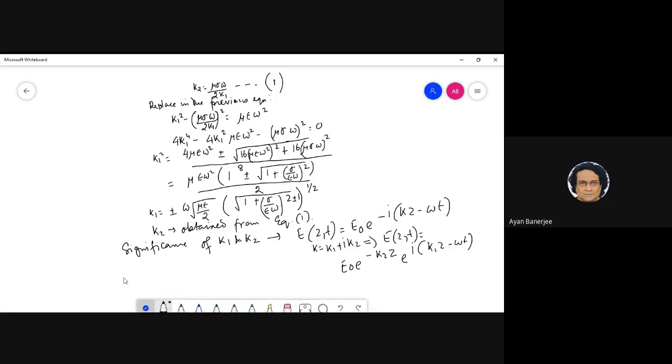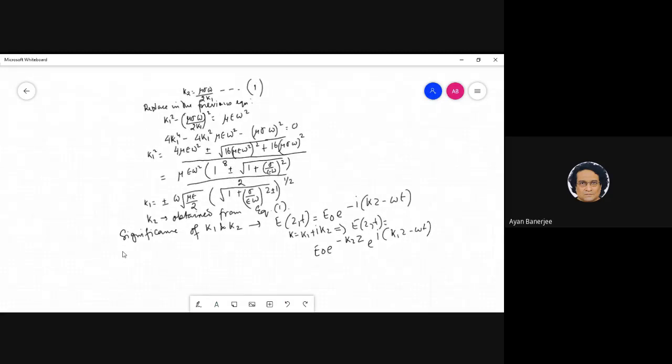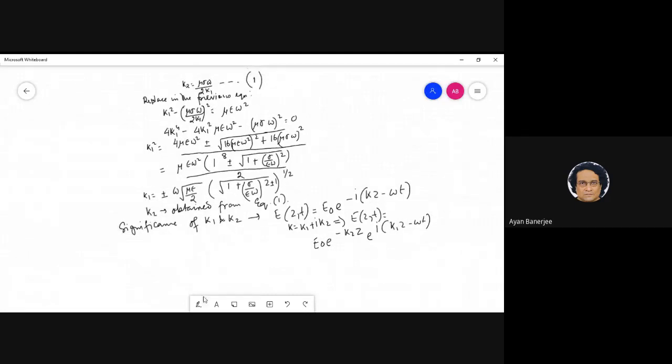So basically it is very clear that K2 is directly, so no, let us think of K1. So K1 is associated, this is real, right? So what is this associated with, guys? K1 is associated with what? Propagation.